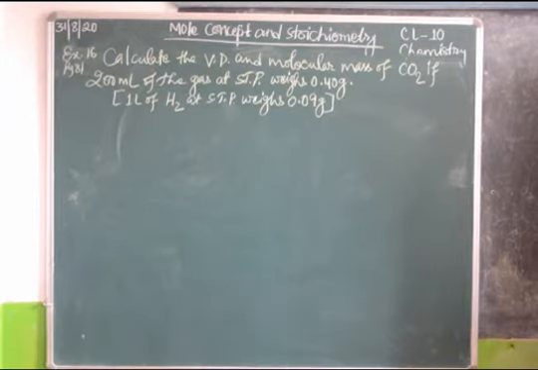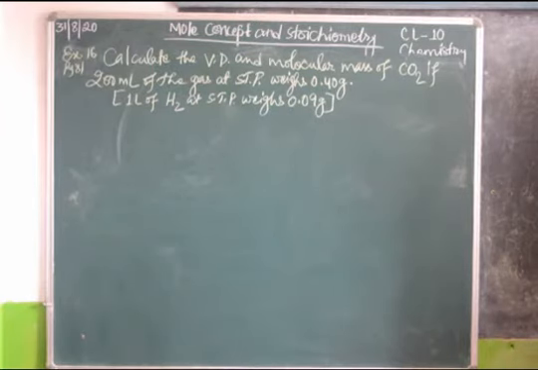That means if 200 ml of carbon dioxide at STP weighs 0.40 gram, what is the mass of 1 liter of carbon dioxide gas at STP? That you need to find. Then you can compare, because that will become the same volume.